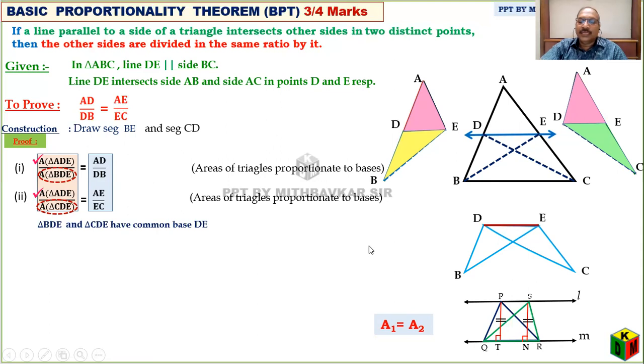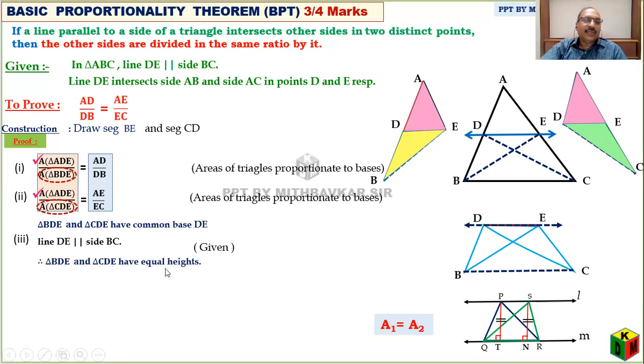Okay, next step. Now we'll check whether they lie between same two parallel lines. Do we have anywhere parallel? Yes, look at given line DE is parallel to BC. So let's write this. Line DE is parallel to side BC. When two triangles lie between same two parallel lines, their heights are equal. So let's mention this.